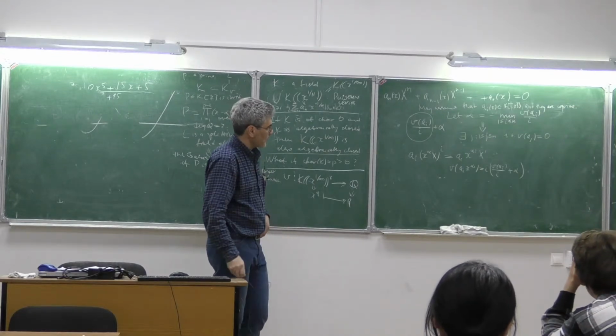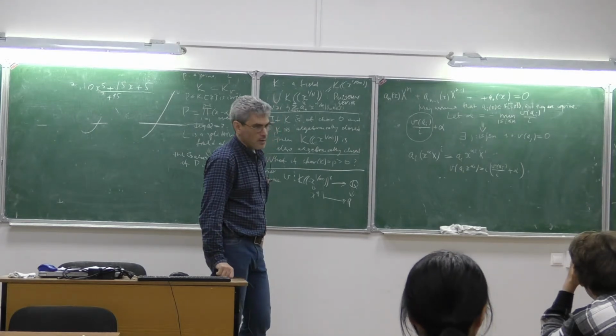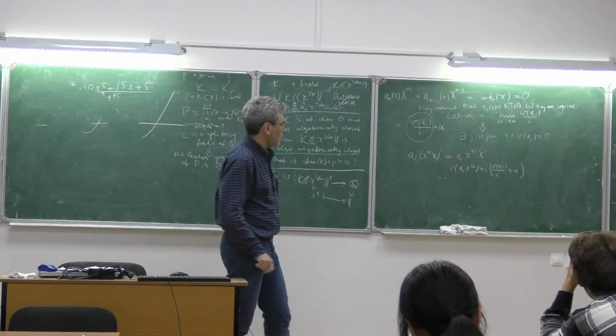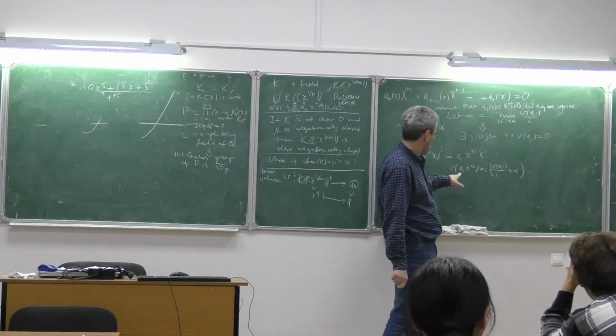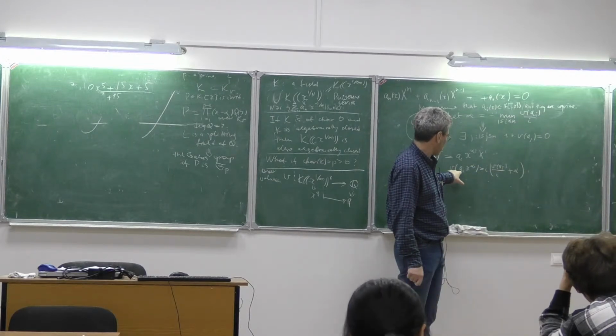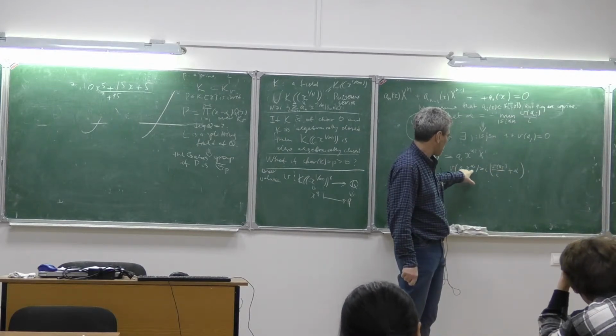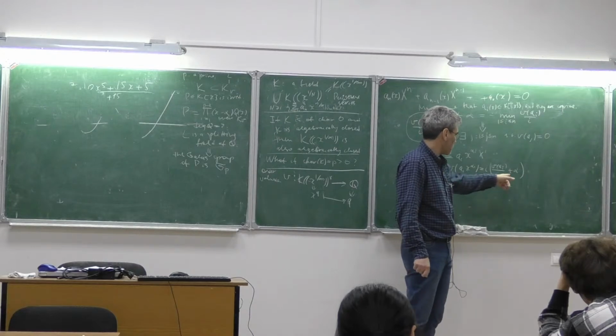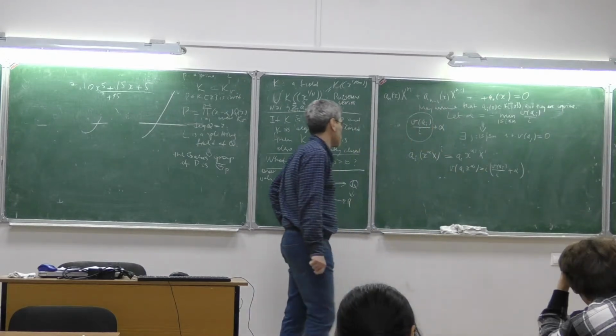You see that this is the valuation of a_i plus alpha i. So we can divide everything by i, and we get this.